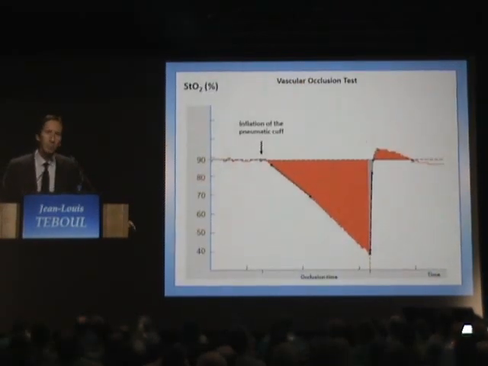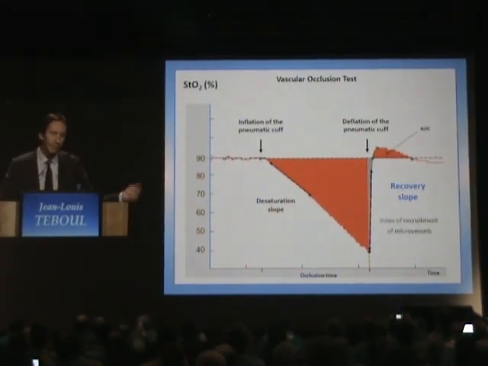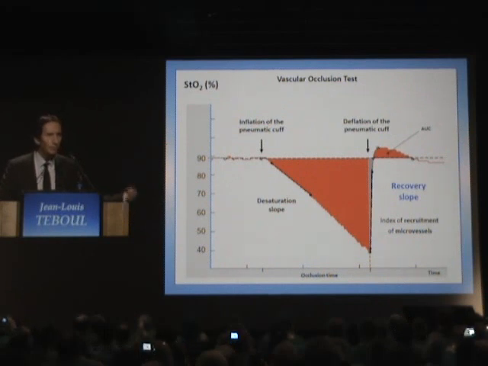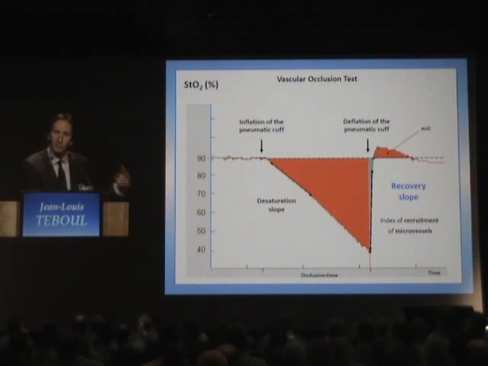But not only did we measure static values of StO2, we also performed a dynamic test, the vascular occlusion test, consisting of inflating a cuff around the upper arm until StO2 decreases below 40%, and we deflate the cuff suddenly and look at the recovery slope.